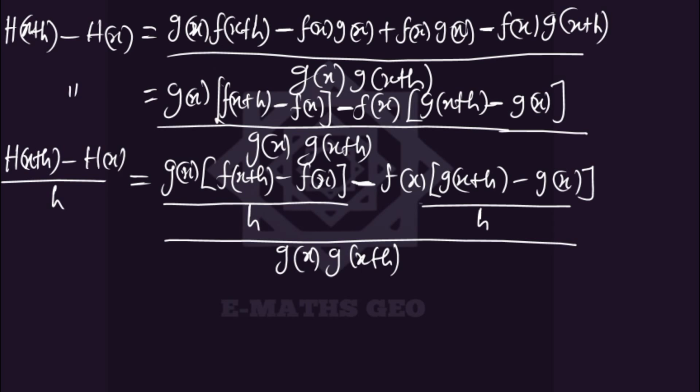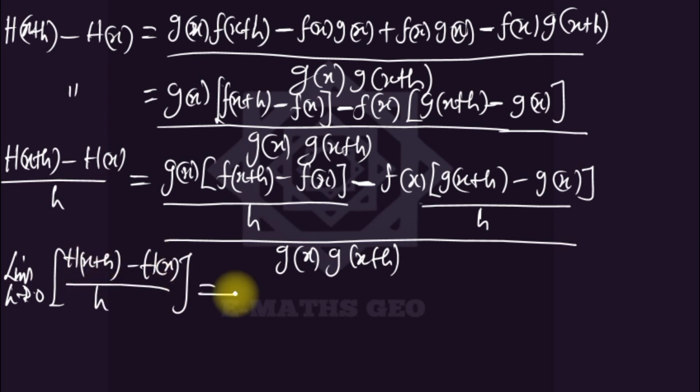So the next step is to get the limit. So we have the limit of h tends to 0 of the left hand side, that's introducing the limit to both sides. So this is the same as the limit. Remember, for the limit of addition, subtraction, product, division, you need to get the limit individually.